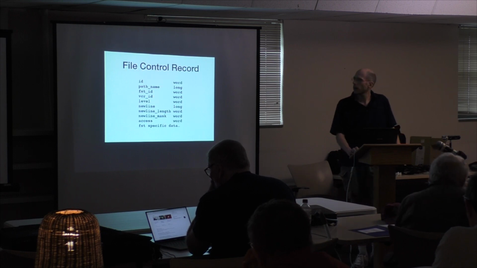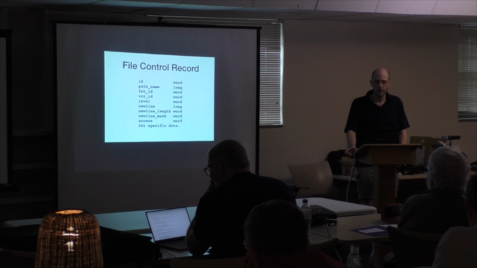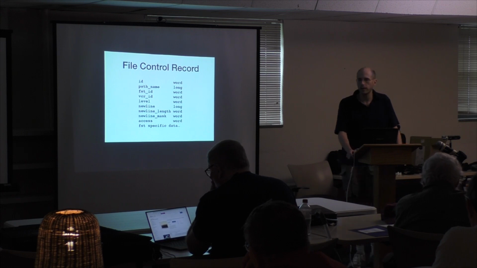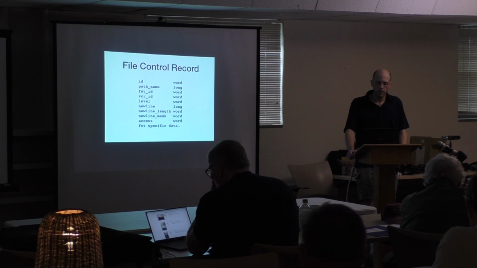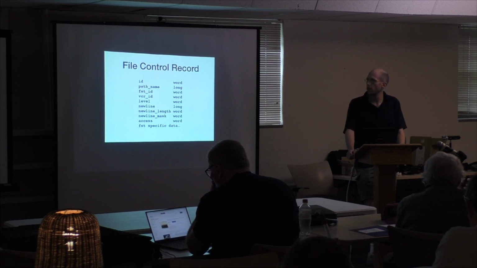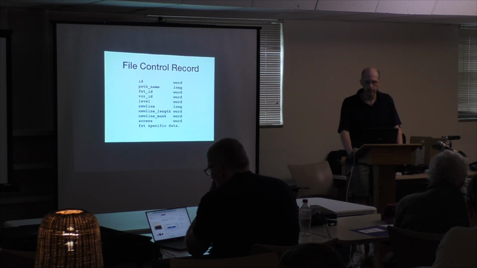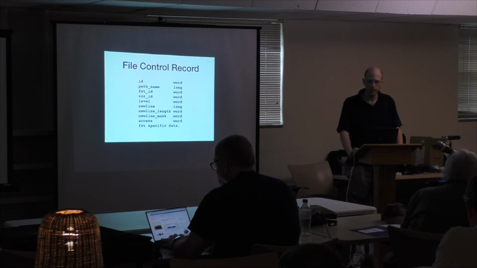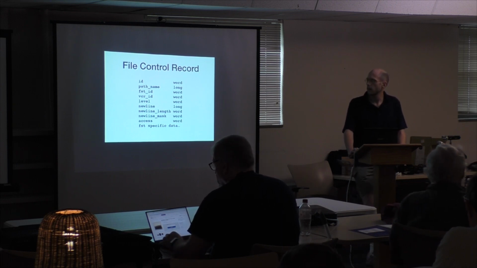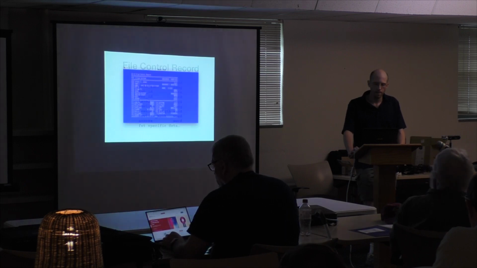So the file control record has an ID, which is the reference number, and stores the path name, the file system translator ID, the volume control record ID, and then some internal GS/OS bookkeeping of the file: the level that the file was opened at, newline information, the access, whether it's read or write data, and file system. And then after that is FST specific data.